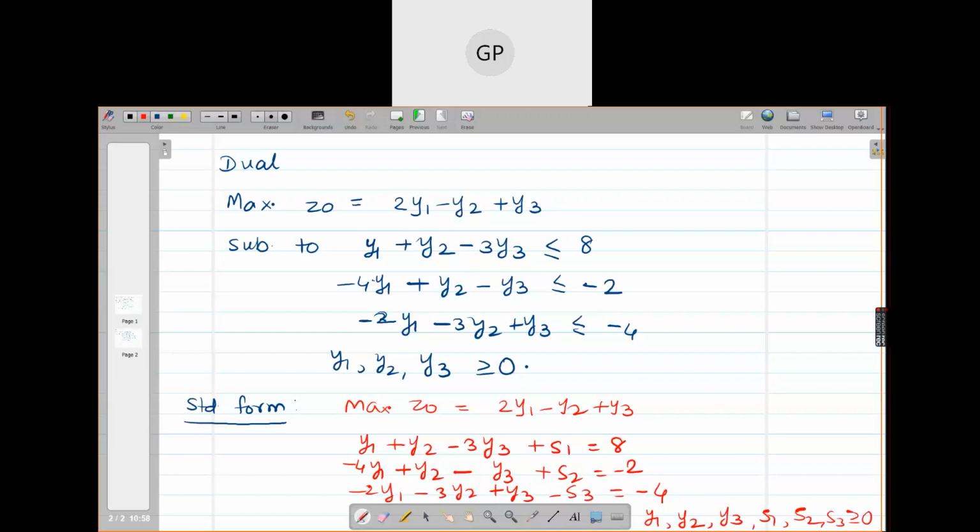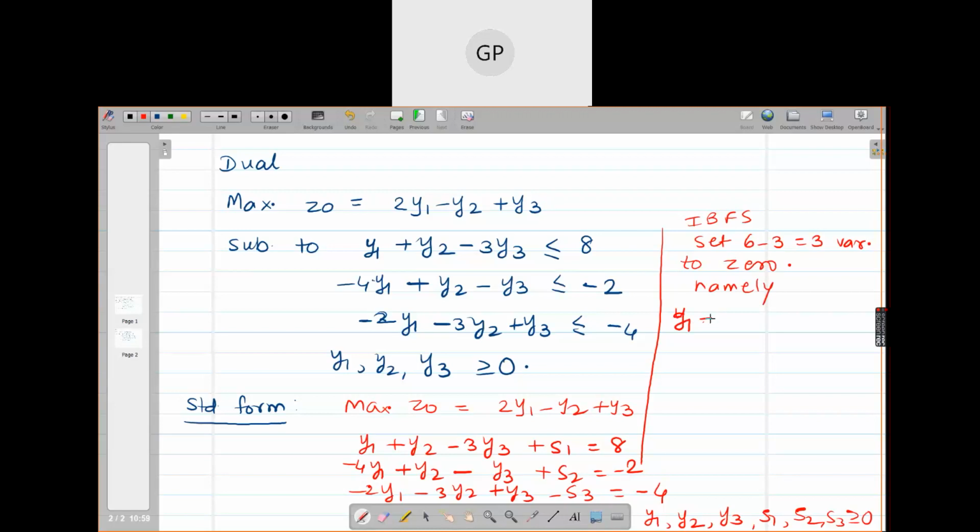Okay. So what is the IBFS now? Set 6 minus 3 equal to 3 variables to 0. Namely, which variables will you set equal to 0? y1, y2, y3.